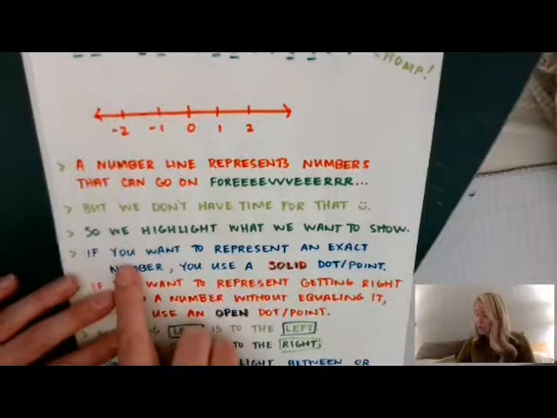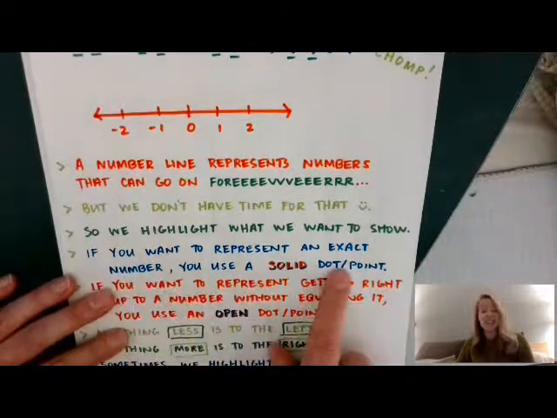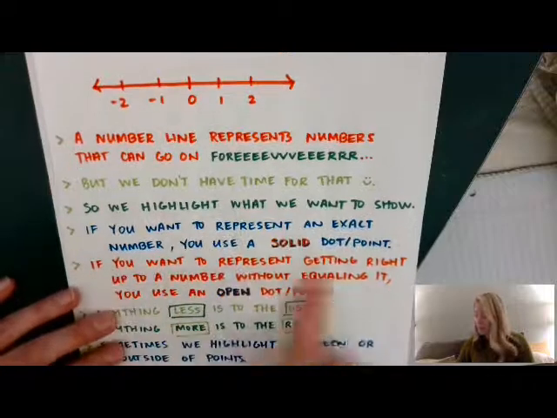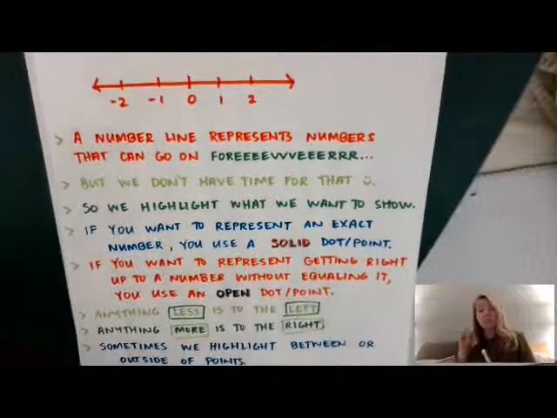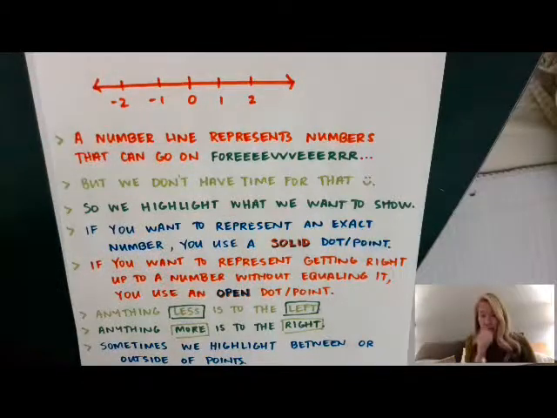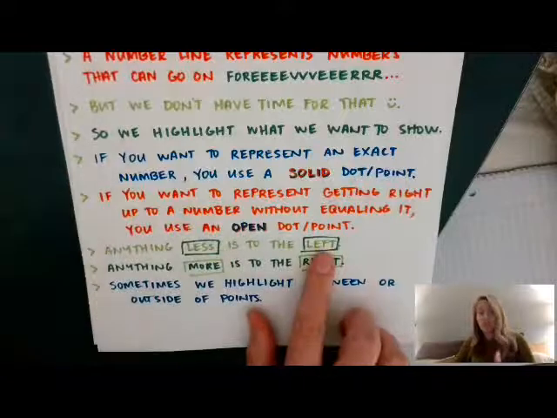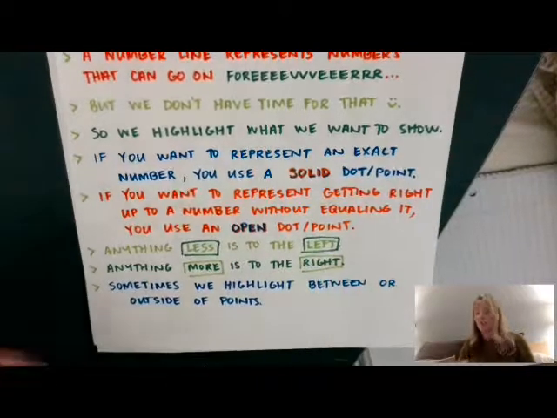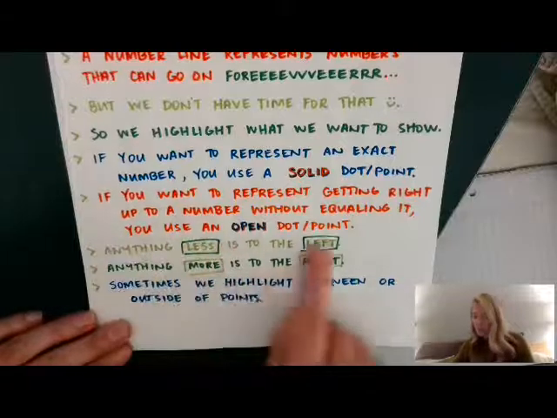If you want to represent an exact number, you're going to use a solid dot or a point. If you want to represent getting right up next to a number without equaling it, you want to use an open dot or an open point, okay? Anything less is to the left, assuming that your number line is going in order, with the left side getting smaller and the right side getting bigger.